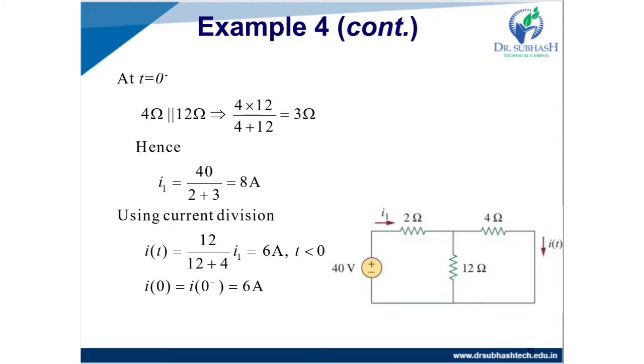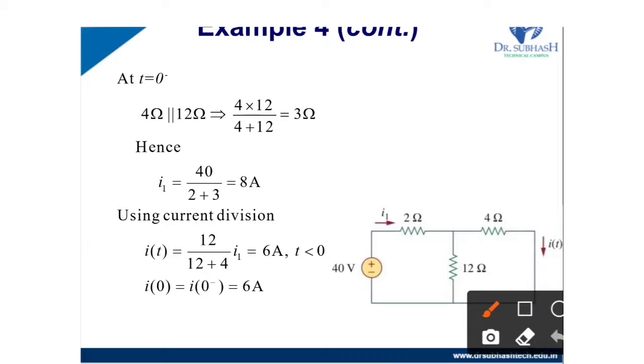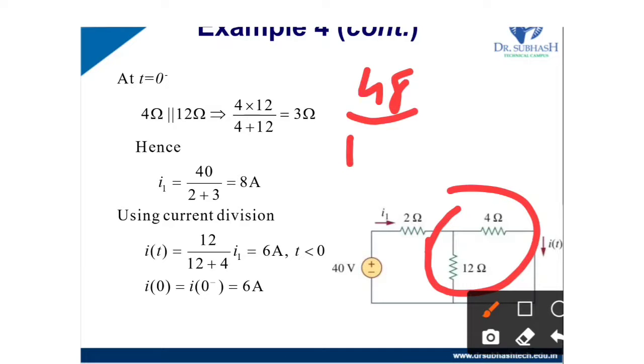At t equal to 0 minus, the switch is closed. These two resistors, 4 and 12, are in parallel. So 4 multiplied by 12 divided by the addition of both resistors, 4 plus 12. That is 48 divided by 16, so it is 3 ohm.